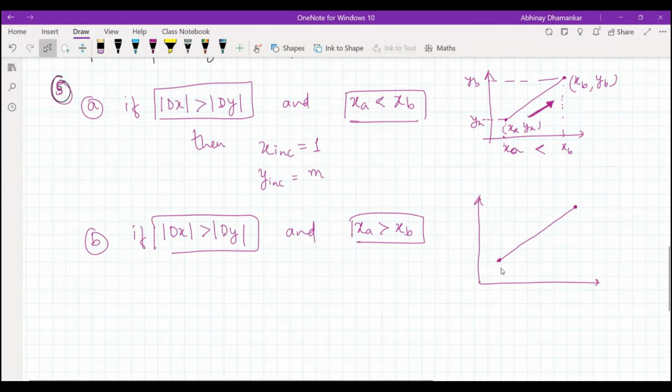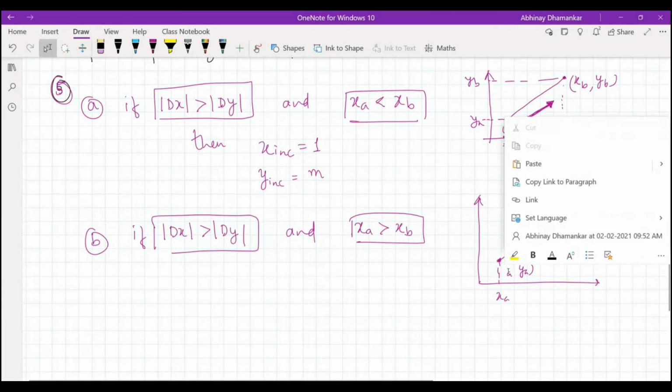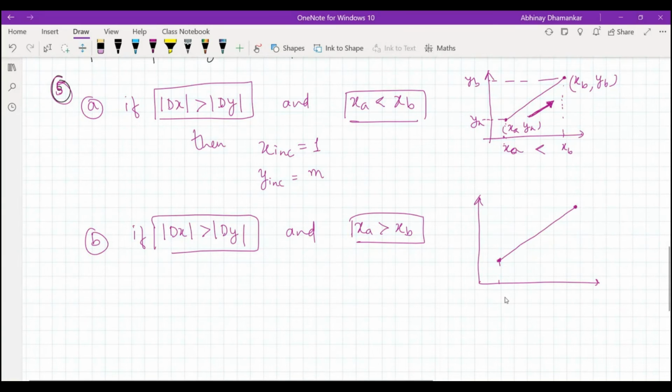Okay, and here is XA, YA, and here XA. Sorry, actually this is not a reference here. In this case, I mean to say that this is not XA YA.